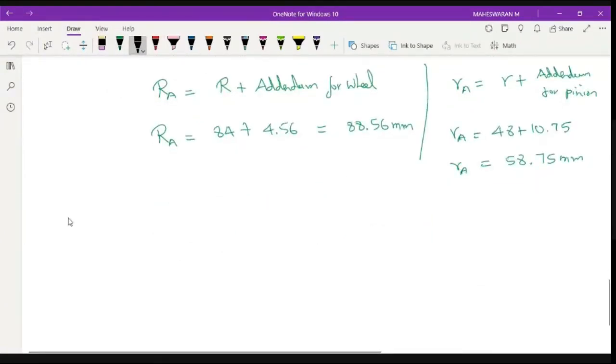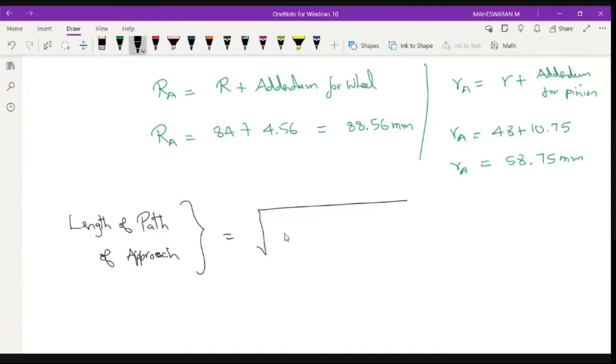We know the formula for length of path of approach. What is the formula? Root of capital RA square minus R square cos square phi minus R sin phi. Sorry, I am making this mistake again and again. It is minus.